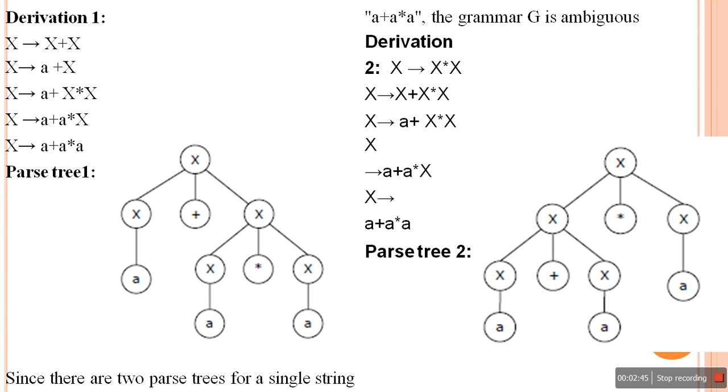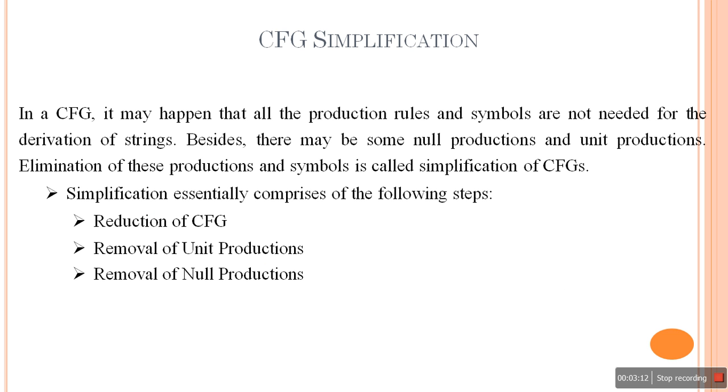Similarly, in derivation 2, when we take X * X to replace X, the yield is a + a * a. So both derivations have the same result, but there are two derivations, so we will say that this grammar is ambiguous. So when there are two parse trees for a single string, then it is called an ambiguous grammar.